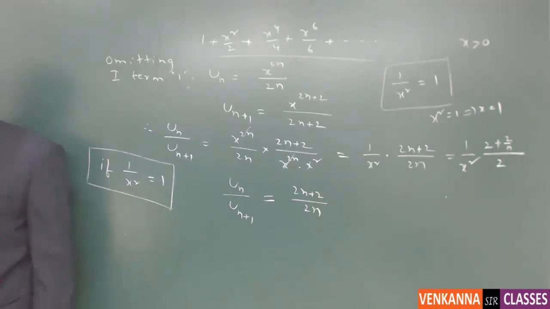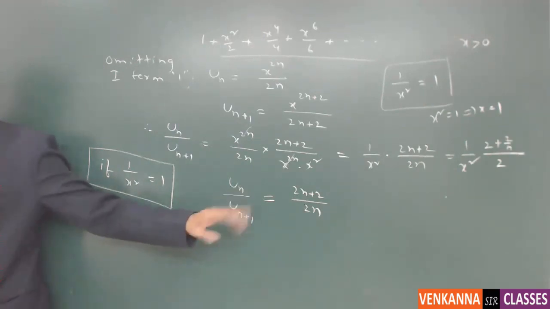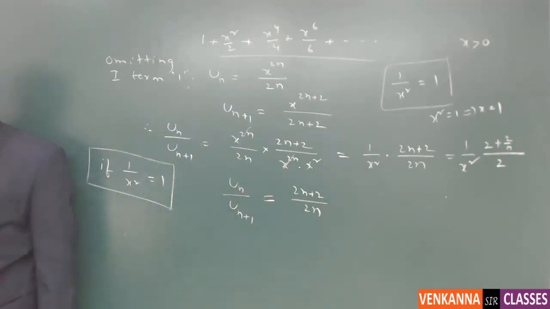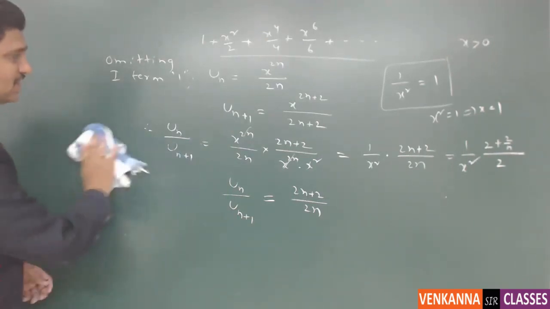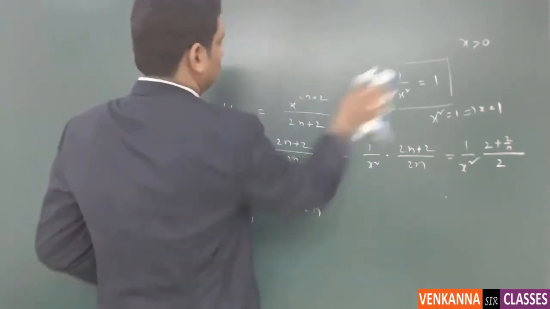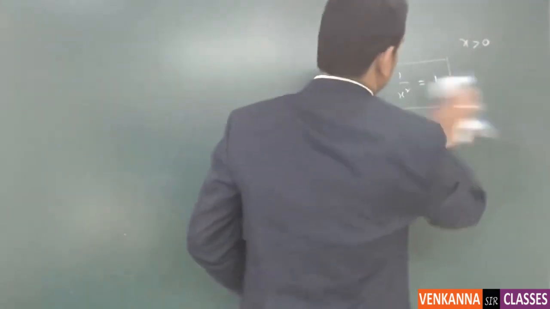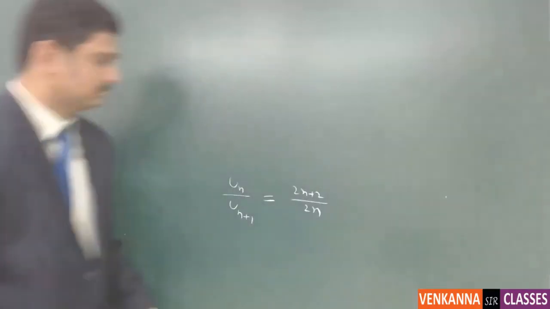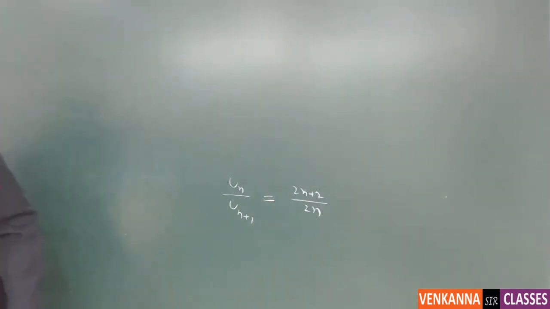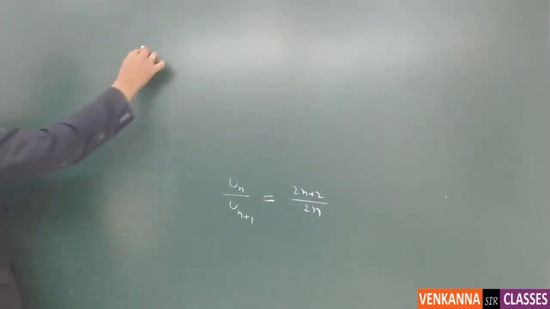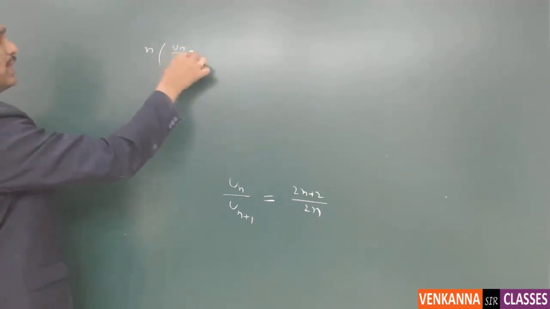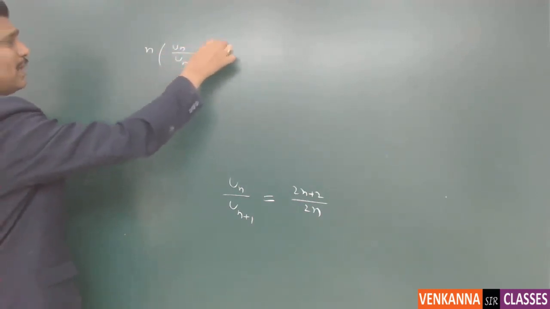You can apply Rabi's test. That is agreed. Can we go for any other procedure here? Let us go for Rabi's test by default. That is always acceptable. So if you apply Rabi's test here, then what happens? The condition is n into un by un plus 1 minus 1.